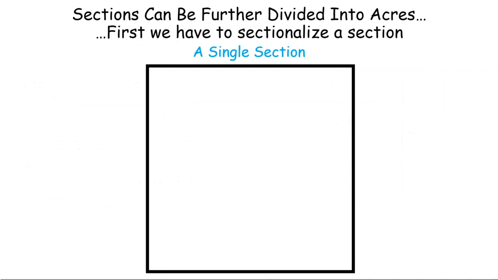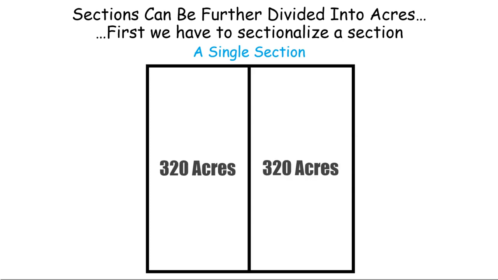When we get into sections, well, that can be further divided into acres. Each section has how many acres? Well, perfect, 640 acres. As long as you remember that, we must be teaching right so far. Let's see if we can't continue. 640 acres.